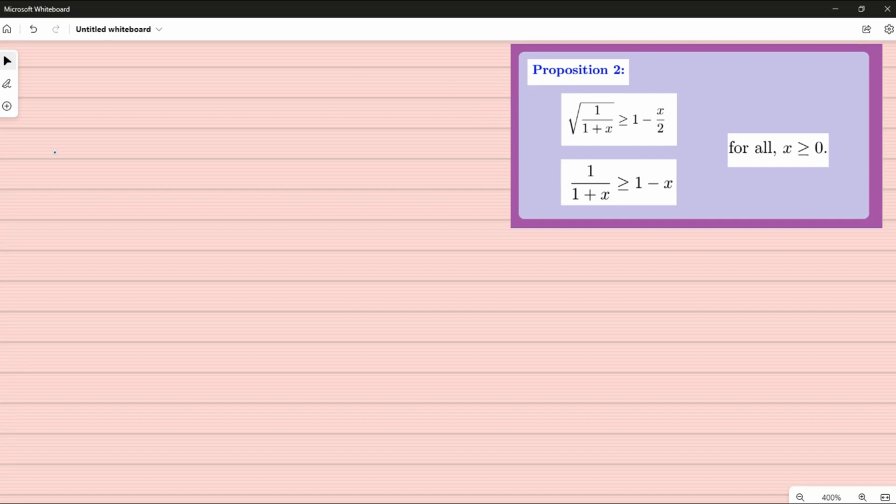That is, for the second inequality, we multiply this by this, so that it gives 1 minus x squared divided by 1 plus x, which is equal to x squared over 1 plus x, and this is non-negative.